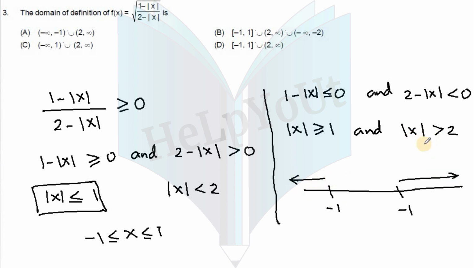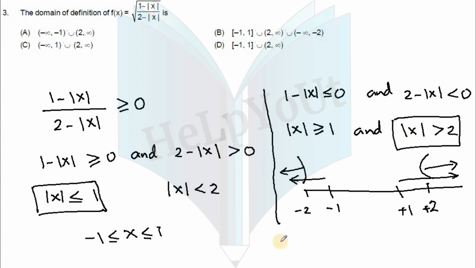And if absolute value of x is greater than 2, then, sorry, this should be plus 1, and here plus 2, and here minus 2. So this part should go outside of 2 and outside of minus 2 here. So this part is smaller from here and from here. So we will consider this. This means minus infinity to minus 2 union 2 to infinity, and from here we had minus 1 to 1. So this becomes option B.